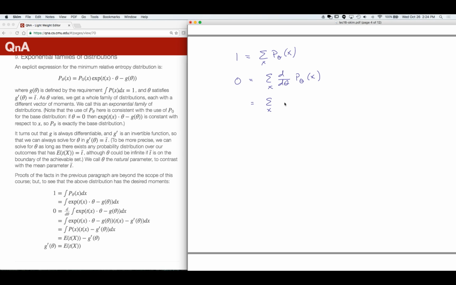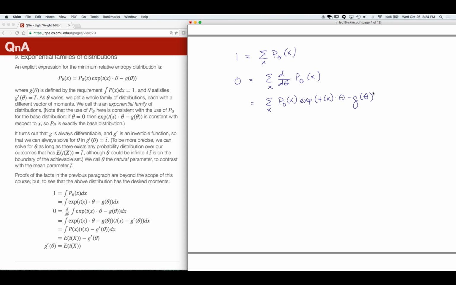Well, the p0 of x, so the one that I did here is actually for the maxent case, but I'll do the full minimum relative entropy case here. P0 of x, the derivative of e to the something is e to the something: t of x dot theta minus g of theta.